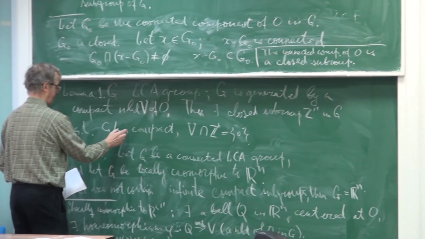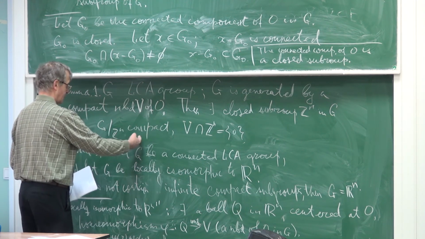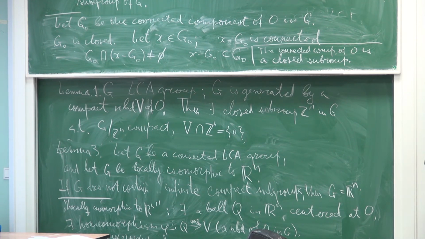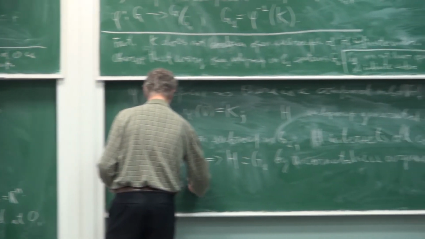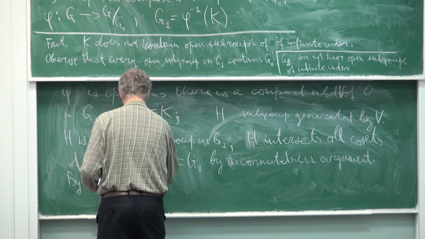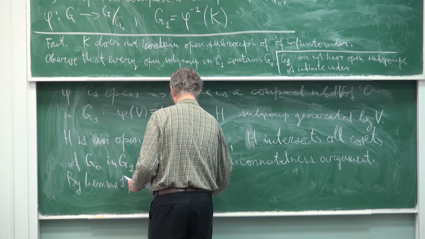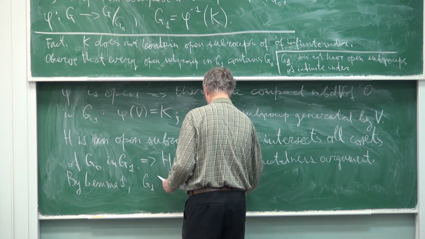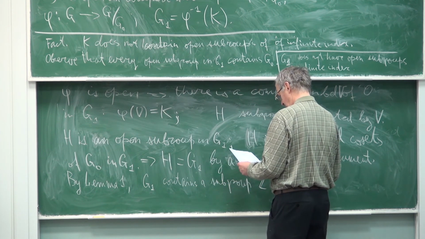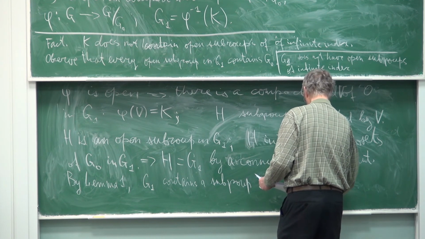So by lemma 1, G1 contains a subgroup isomorphic to Z to the power n for some n, so that G1 over this subgroup is compact.